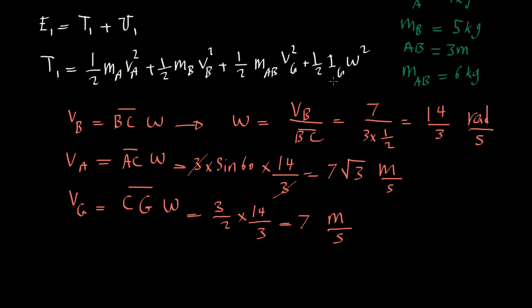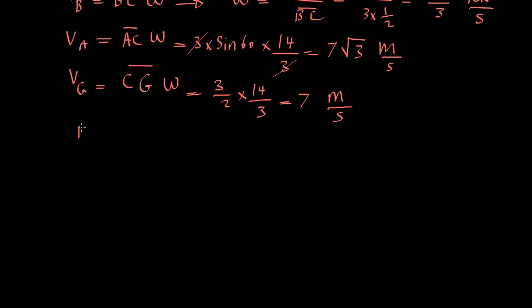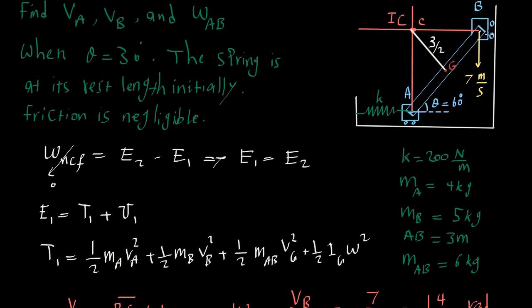The only thing that we need here is just IG, which we know for a link is ml squared over 12, for a link that is long and whose other dimension is small compared to its length, when we are calculating the moment of inertia around the center of mass.